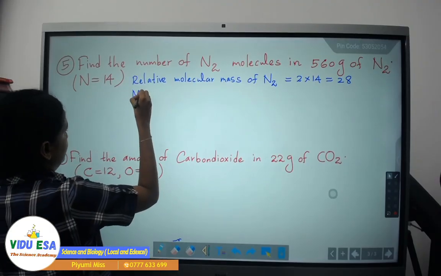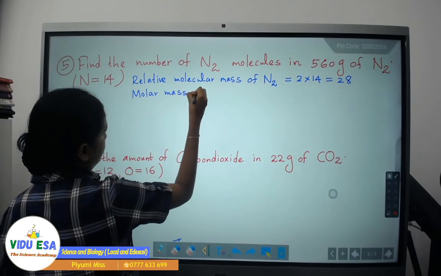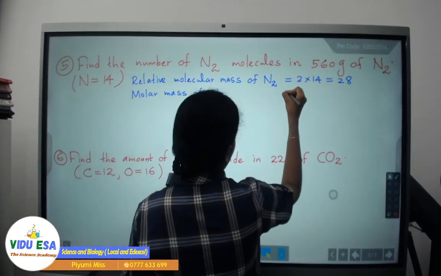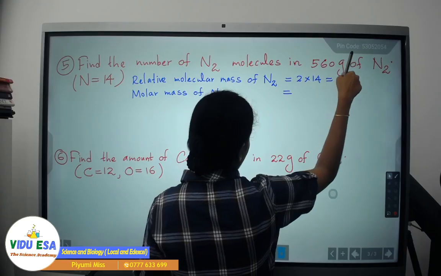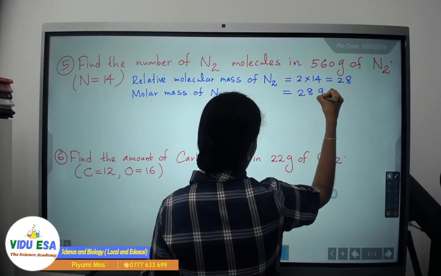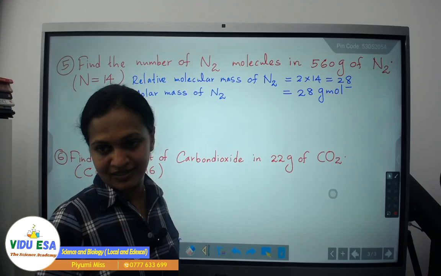Now I will write, molar mass of N2. Molar mass of nitrogen. That is equal to relative molecular mass taken in grams. 28 grams per mole.